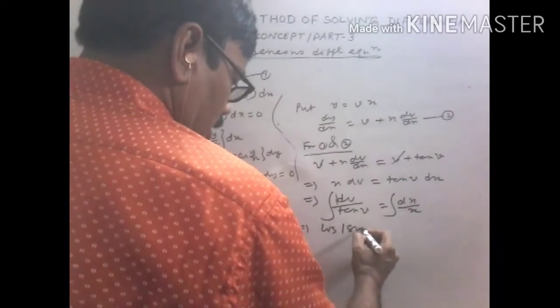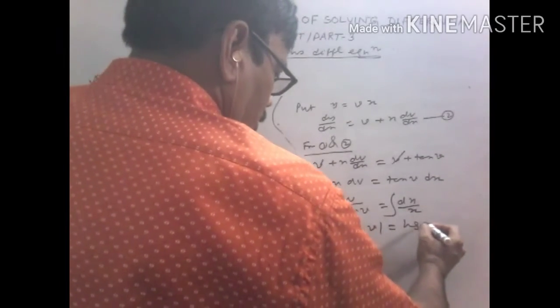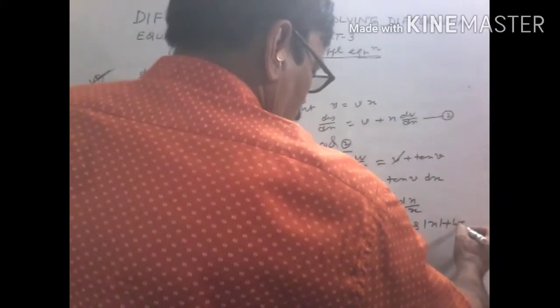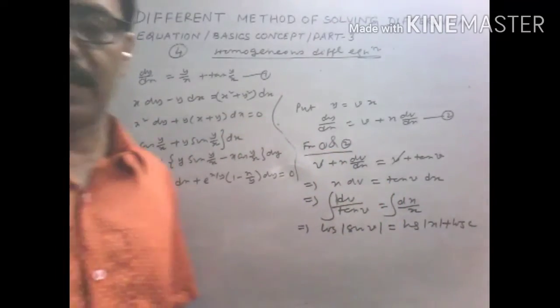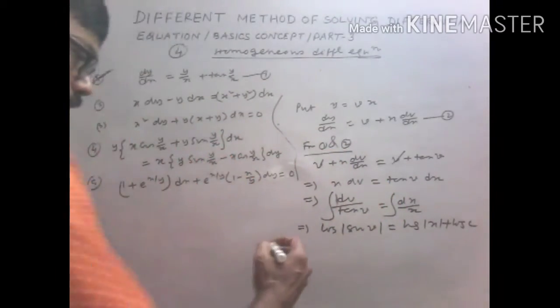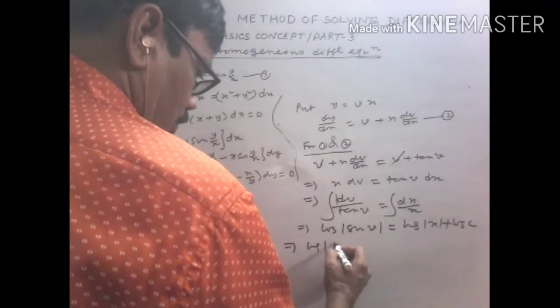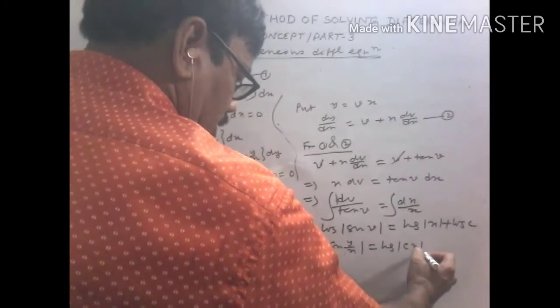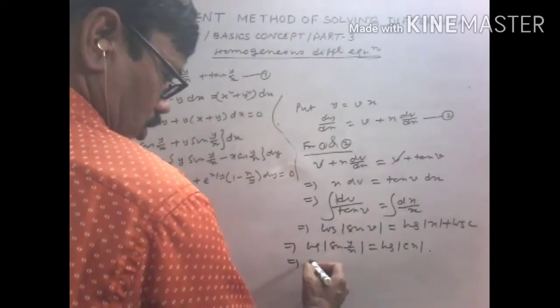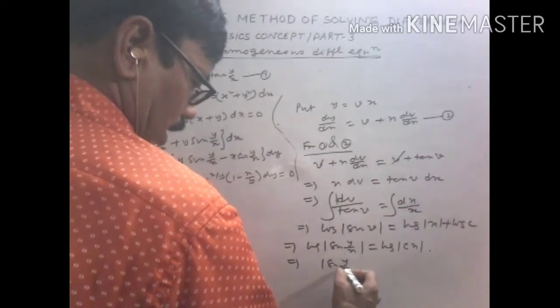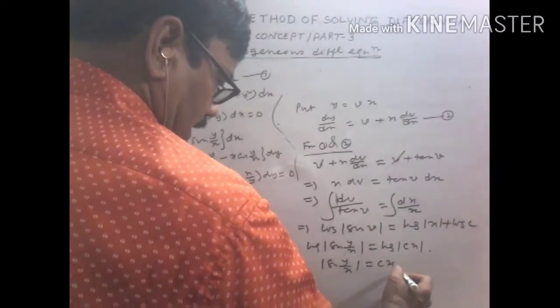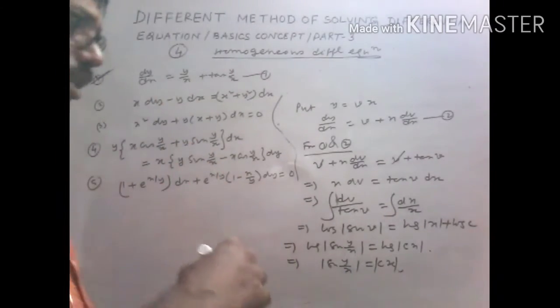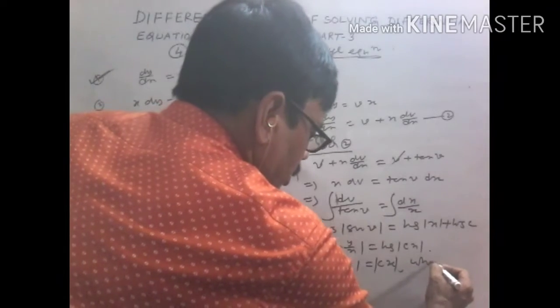Integration of cot v is log sin v equals log x. So we take the integration constant as log c. So log of sin(y/x) equals log cx, so sin(y/x) equals cx, which is the general solution.